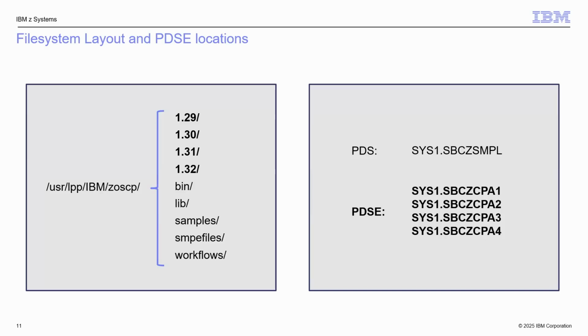So if you have a 1.29 cluster, you can't go straight to 1.32. You have to go sequentially from 1.29 to 1.30 and so on and so forth. And because of that, the zFS layout and the PDSE layout looks a little bit different, having these versions that you can upgrade to get to the latest version.